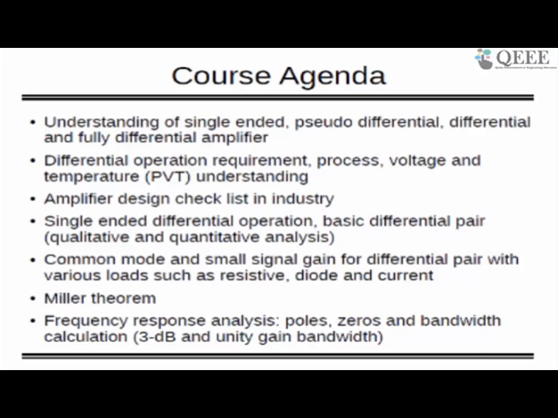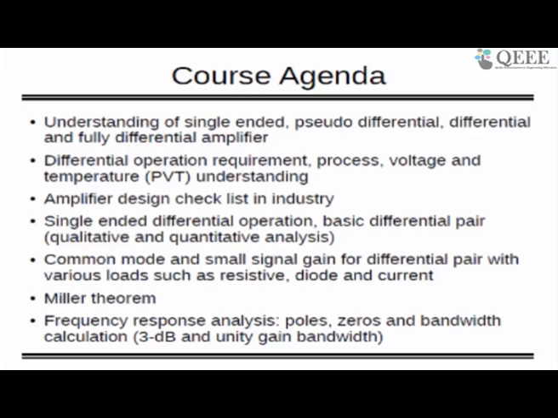Now, single-ended amplifier: how the operation works, and on the basis of that single-ended operation, we are going to develop something called the differential pair, and we are trying to understand the qualitative and quantitative analysis of the amplifier and why it's useful. Thereafter, when you are using the differential amplifier, there is something called common mode. So common mode noise improvement, or the common mode gain, sometimes people call it CMRR, common mode rejection ratio.